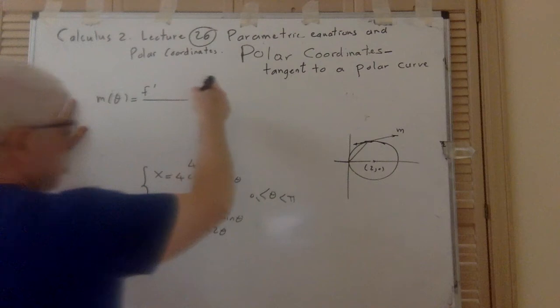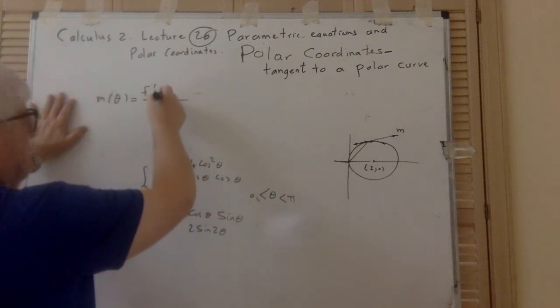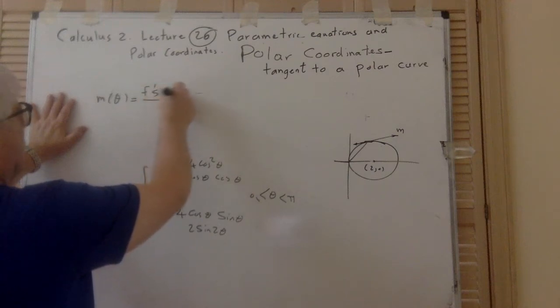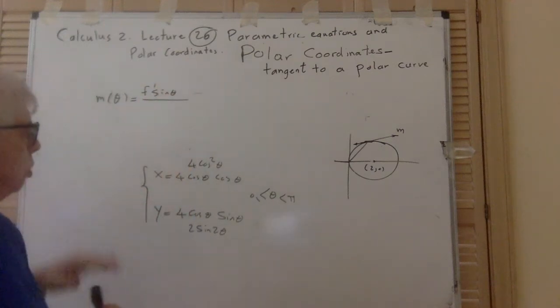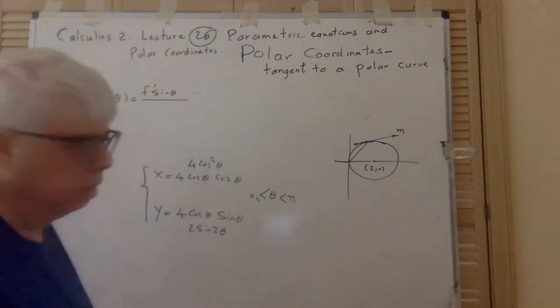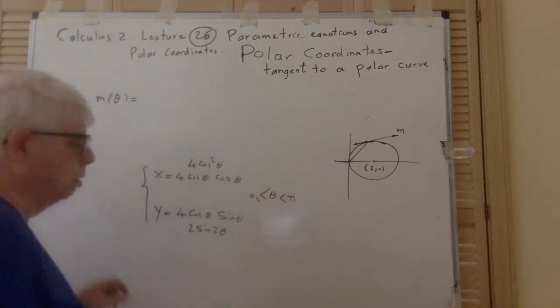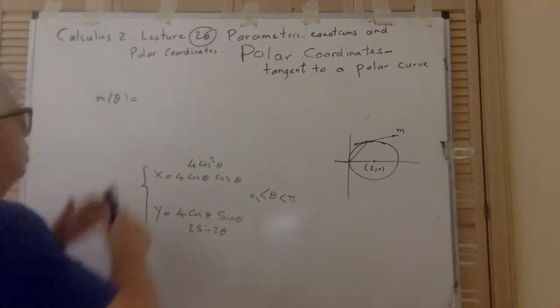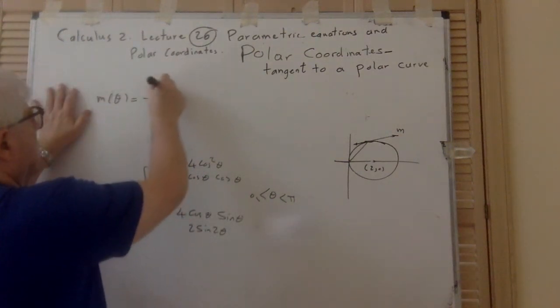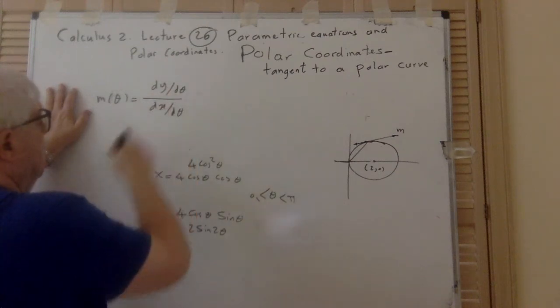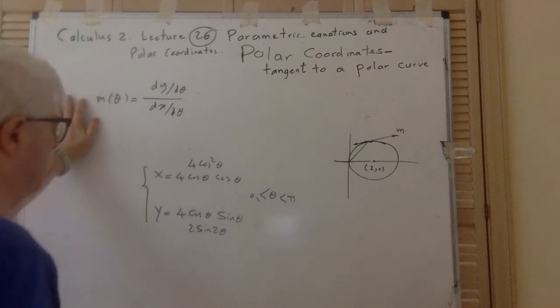It's dy d theta over dx d theta. When I have it, I don't just go back to formulas.